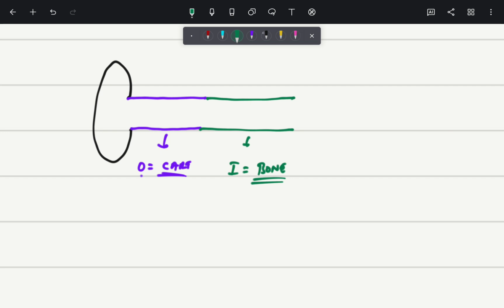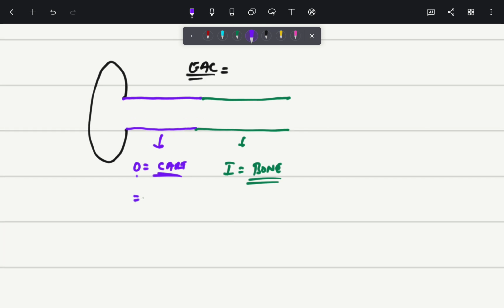So once again, the external auditory canal is divided into two parts. The outer part, which is your cartilaginous part, constitutes 8 mm, and the inner part, which is the bony part, constitutes nearly 16 mm. So in total, the external auditory canal is 24 mm.